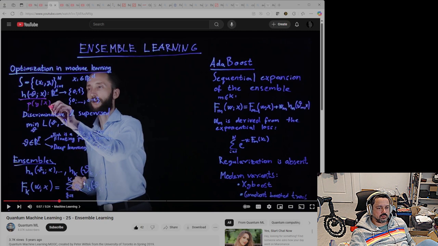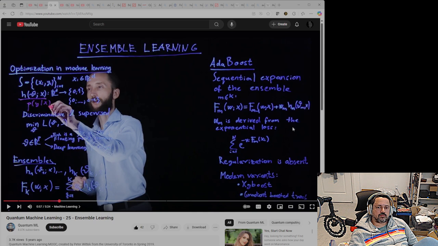Alright. So you have ensembles. It's an ensemble, H1 to HK, so f of k is equal to the sum of the HK. So I guess that's sort of like an energy. AdaBoost, sequential expansion of the ensemble. So you sequentially expand it. Fm is equal to Fm minus 1 plus the remaining term.